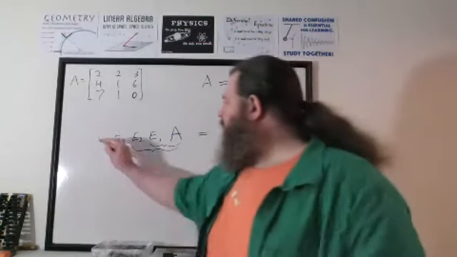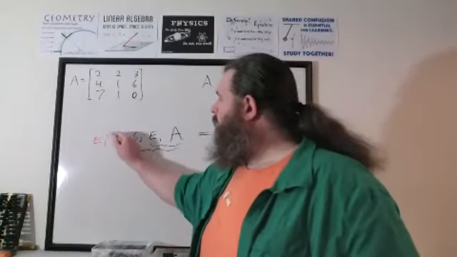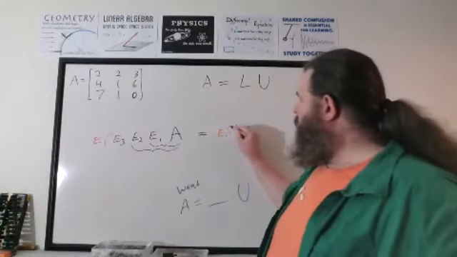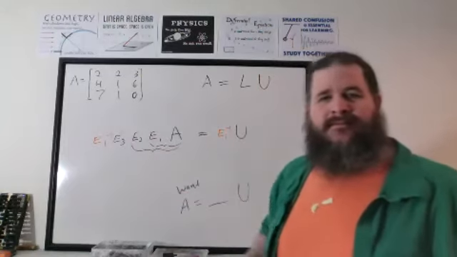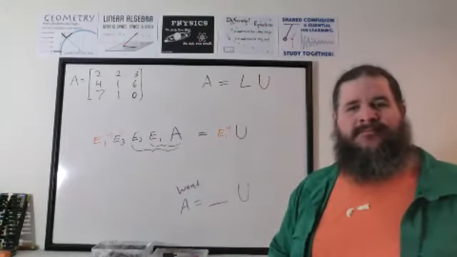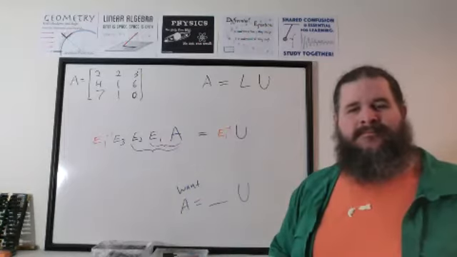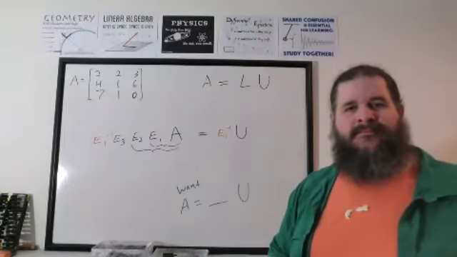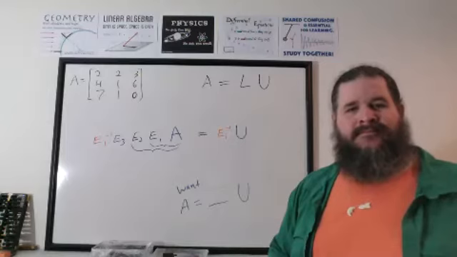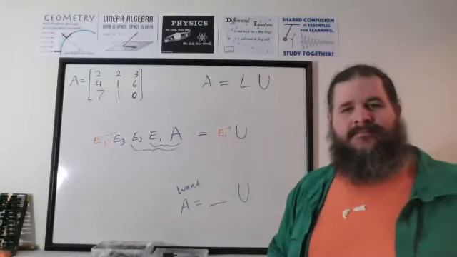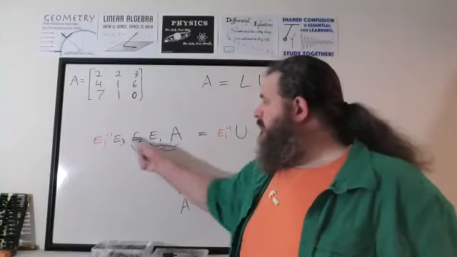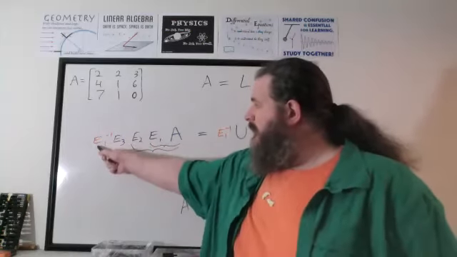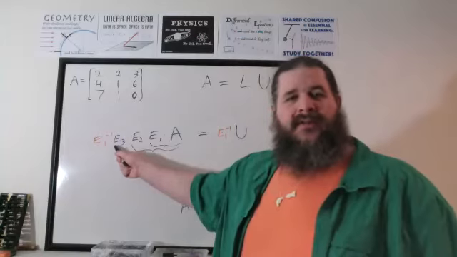If we multiply both sides by E1 inverse, can these cancel each other out? Yeah, we're going to need to start with E3. If we've got these matrices in this order, E1 inverse times E3 doesn't really do anything useful.